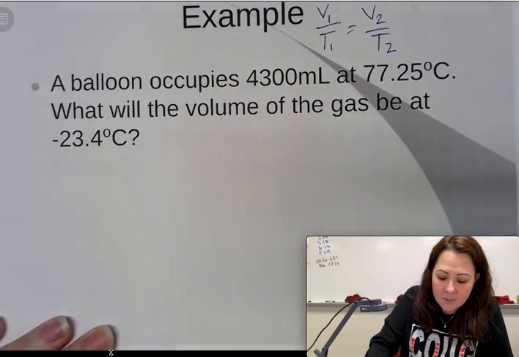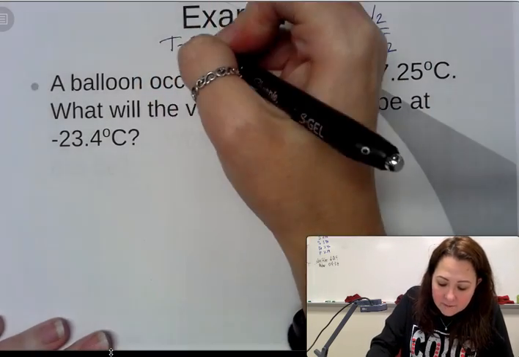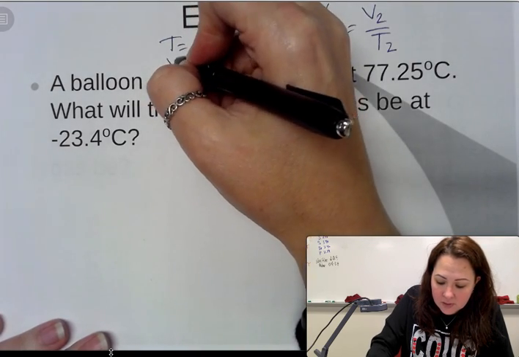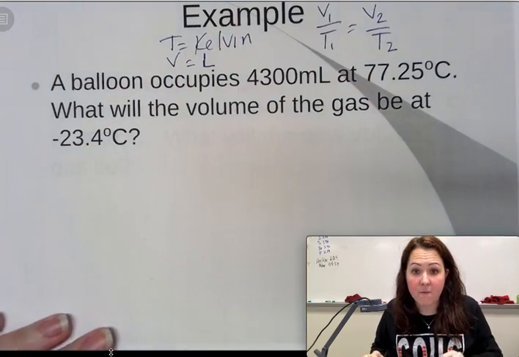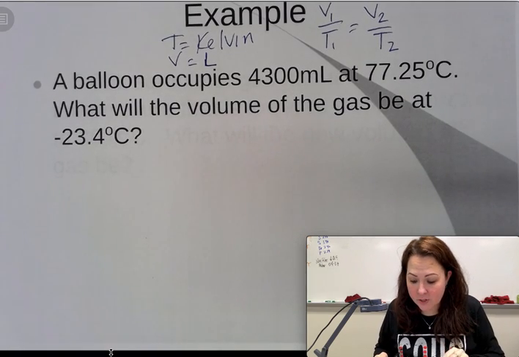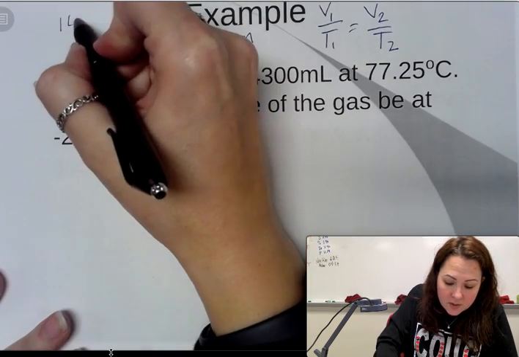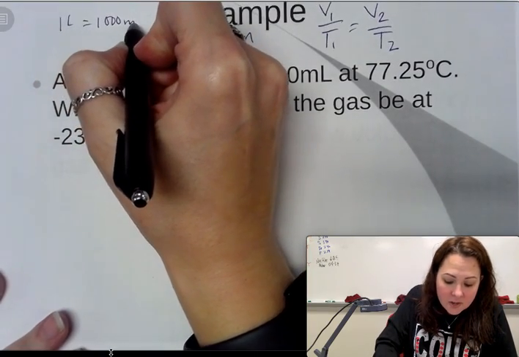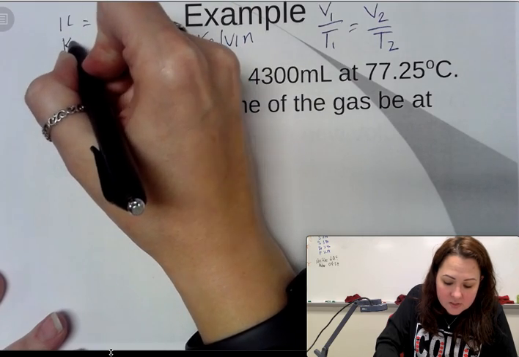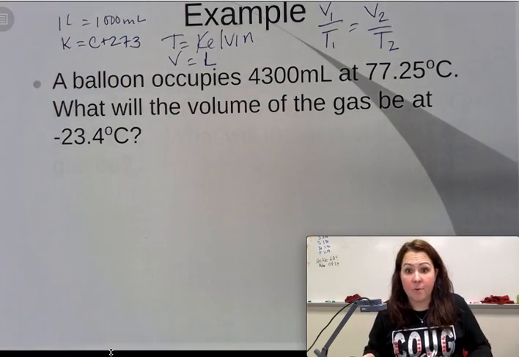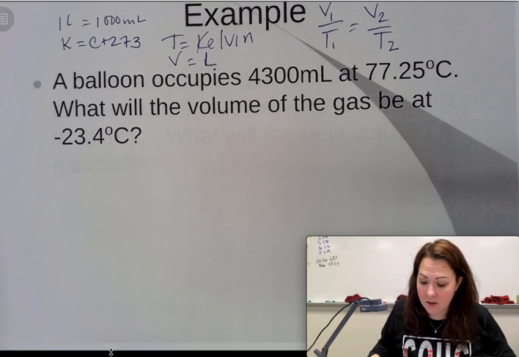I also know that my temperature, I'm going to have to use Kelvin. My volume, I have to use liters, so I need to convert it to have the correct units. 1 liter is equal to 1,000 milliliters, and your Kelvin is equal to Celsius plus 273. I shouldn't need any other information other than those things up at the top.